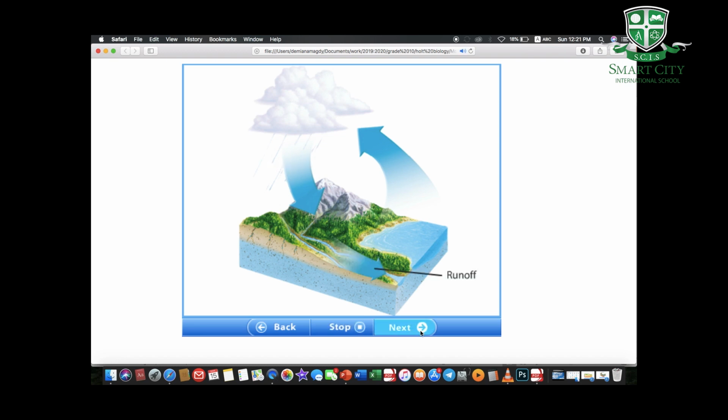Runoff is water that flows across land and collects in rivers, streams, and eventually returns to the ocean. Infiltration is the movement of water into the ground due to the pull of gravity. Percolation is the downward movement of water through pores and other spaces in soil due to gravity. The water cycle is the continuous movement of water from the atmosphere to Earth and back.